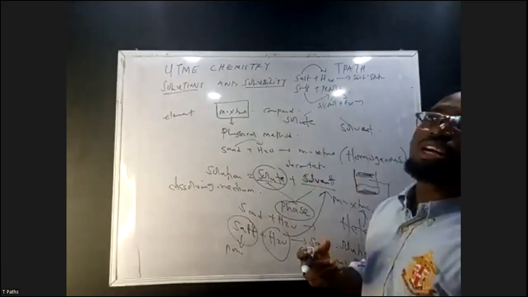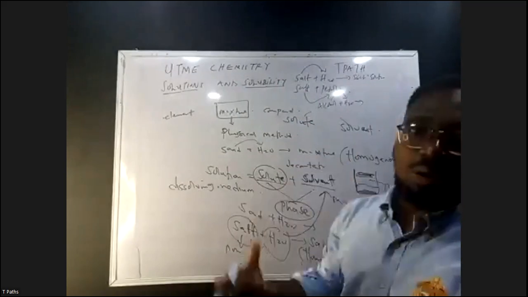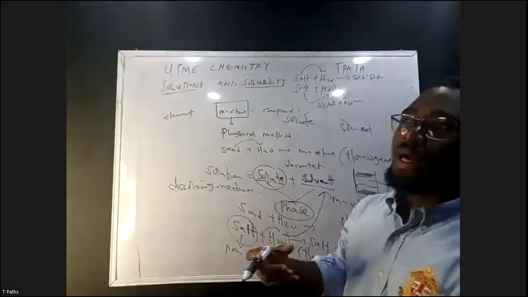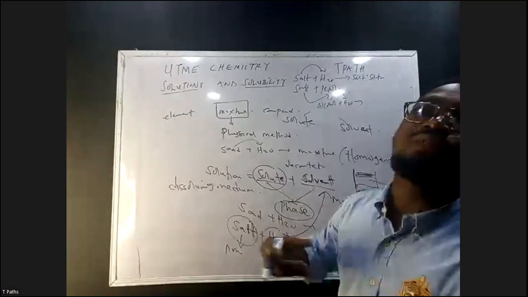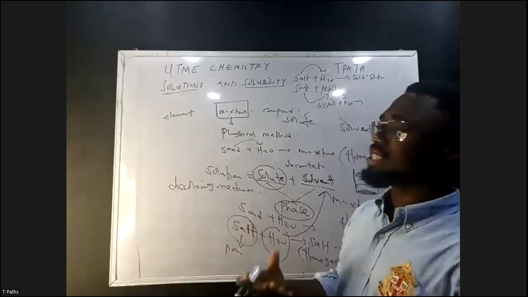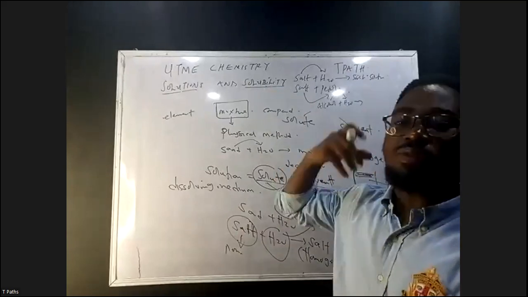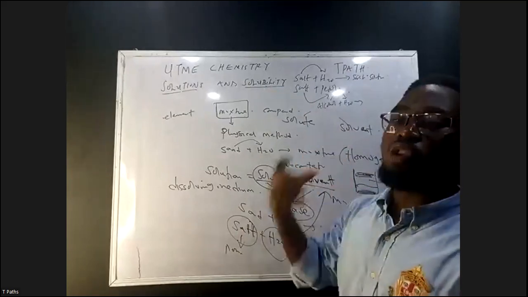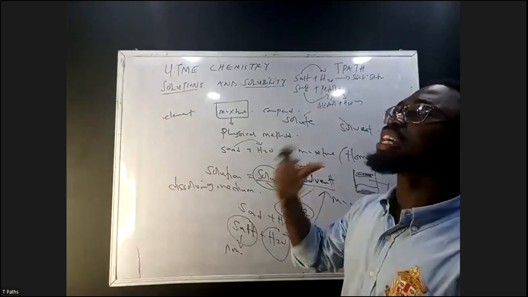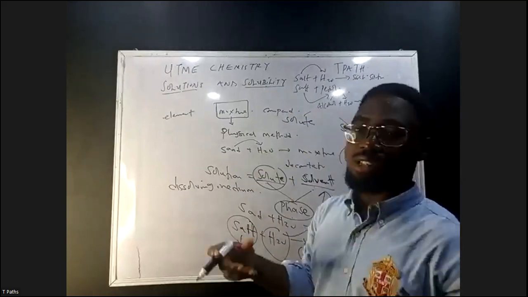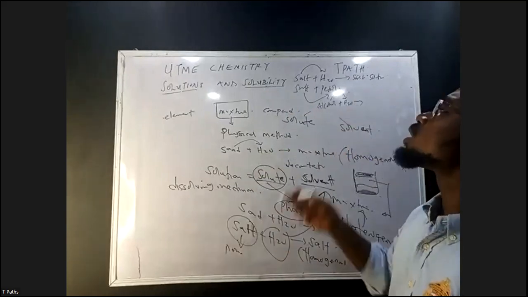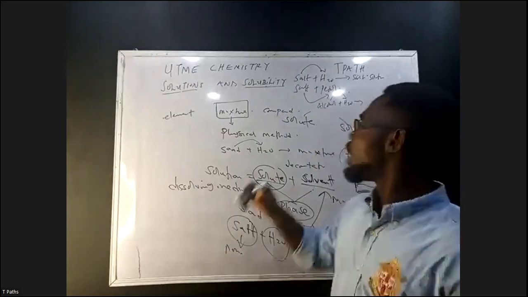Another way of looking at solubility is that it is the amount of the solute that is dissolved in a given amount or volume of solvent at a particular temperature. I'm going to explain that.